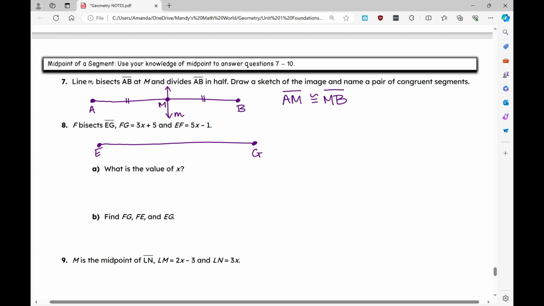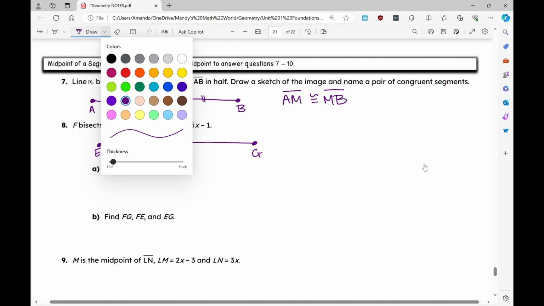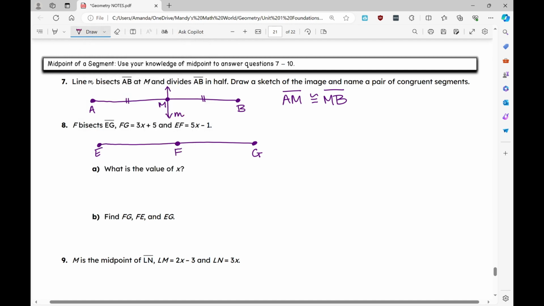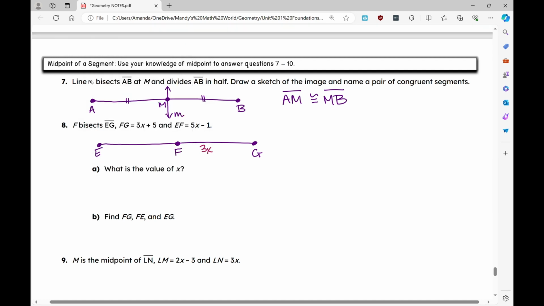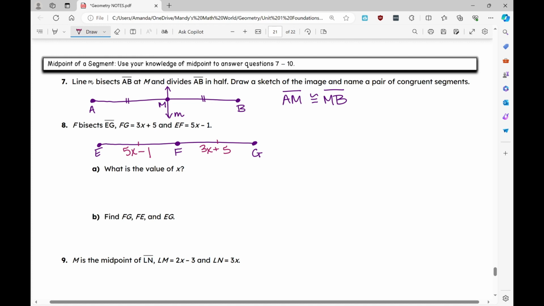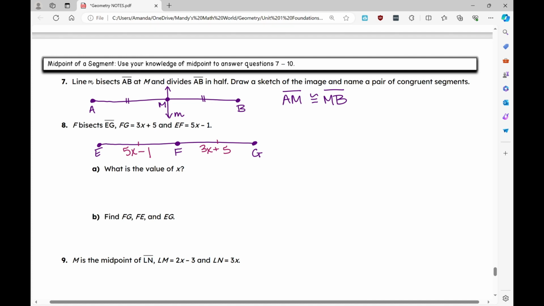F bisects the segment, so it's going to split it in half at point F. The length of FG is 3x plus 5, and the length of EF is 5x minus 1. So this is all we know, all right? And these are congruent segments, right? So I'm going to put a little tick mark there to show that they're congruent.